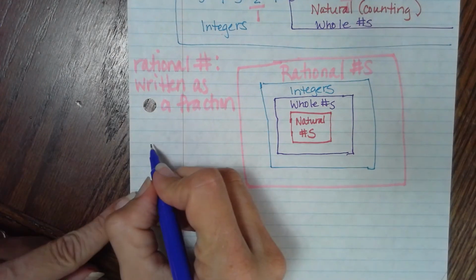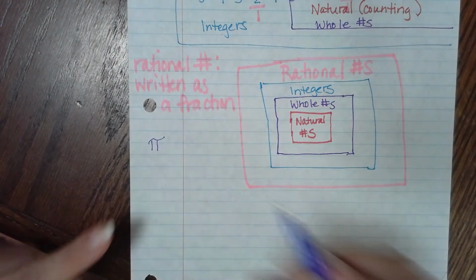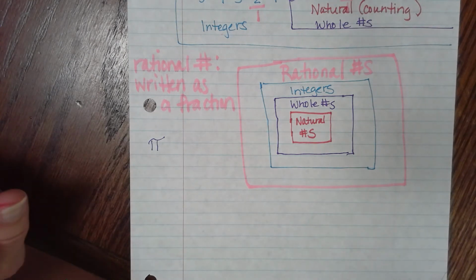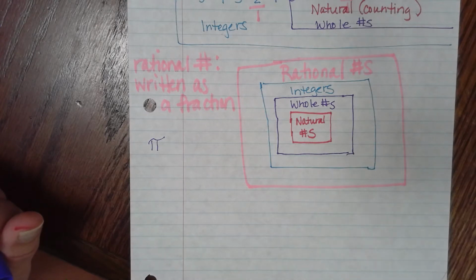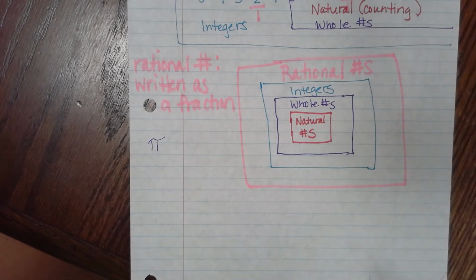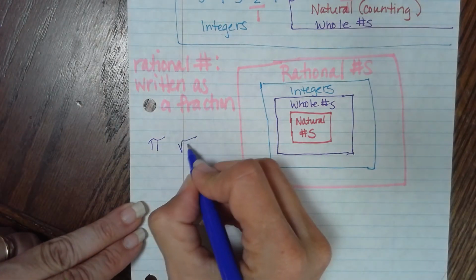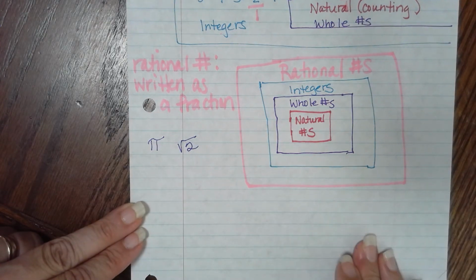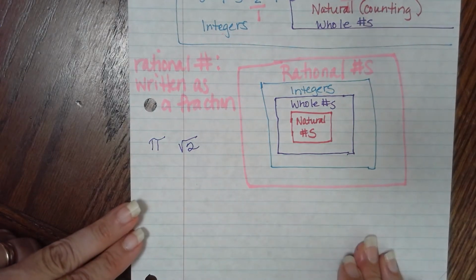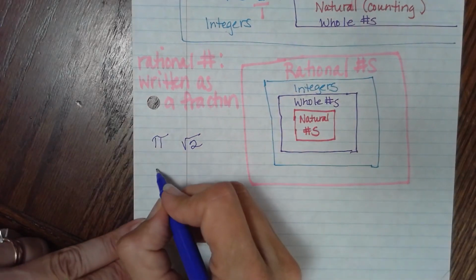and that would include numbers like pi. Now pi is one of those decimals that goes forever and ever and ever with no rhyme or reason. It's 3.1498621. There's no way I could write a fraction from pi. Another one is the square root of 2. If I was to plug that into the calculator, I would get a very long scrambled decimal behind it. And it would look something like this.